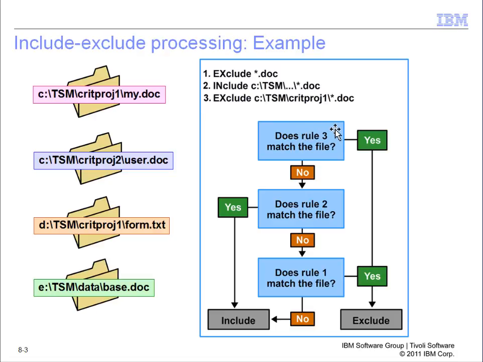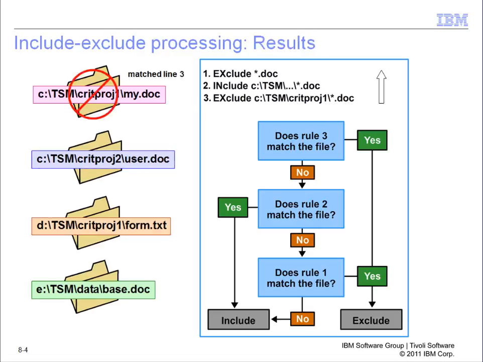Does rule 3 match the file? This would be the bottom of your include-exclude statements in dsm.opt. Exclude C tsm critproj1 any file with a .doc extension. Yes, it does match line 3. So it matches line 3, it's excluded.